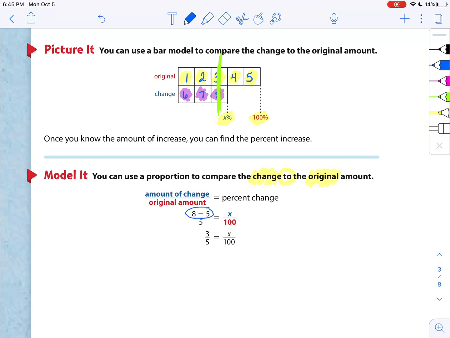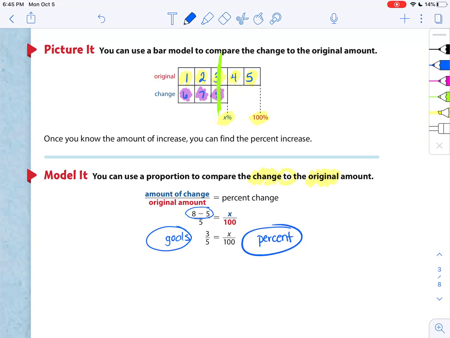On the other side of our proportion, you see we have our percents. We don't know what percent he scored the second time, but we do know that he originally scored 100%. So remember, when we're setting up a proportion, on the left side we have how many goals, and on the right side we have our percent.